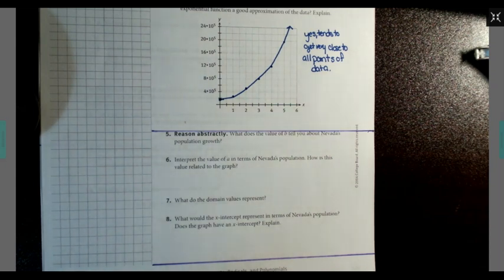B would be that constant factor. Well, we already know it's not an exact factor, but we know it's a very good approximation.